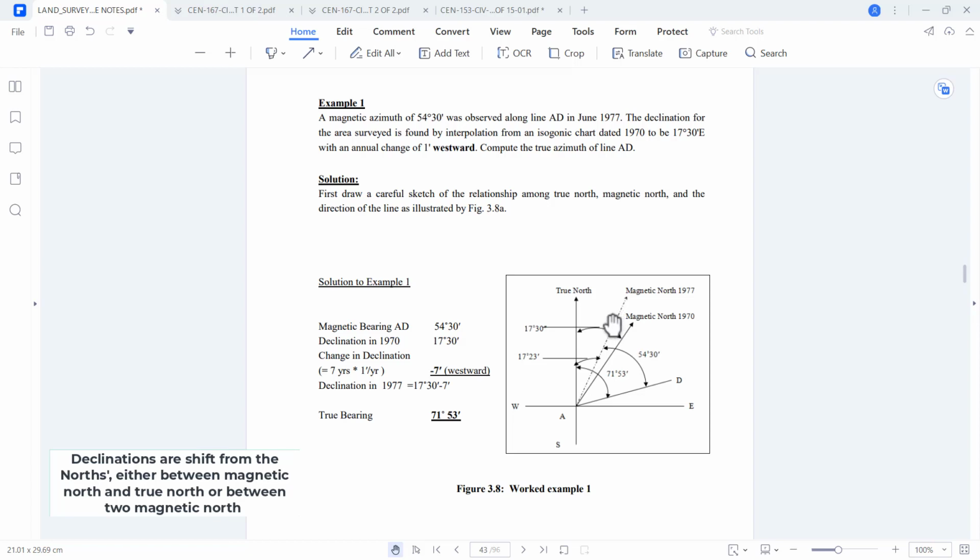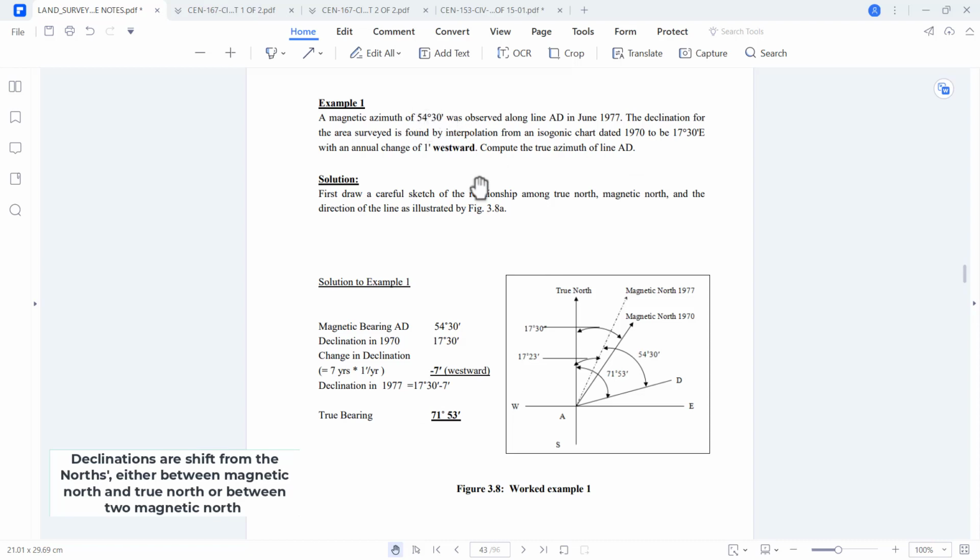So we have to add, since we want to close this gap. We want to push this magnetic north to give us the correct true north. You have to push this one to be added here. So by pushing, you have to add it. We will add the difference here to the magnetic bearing, that is 54 degrees 30 minutes.